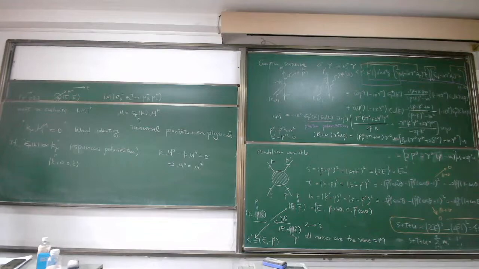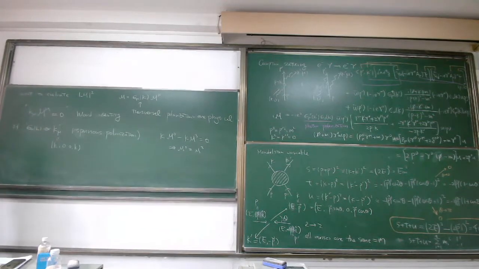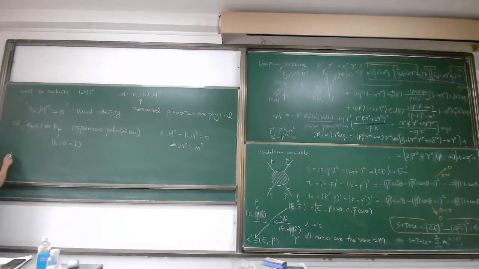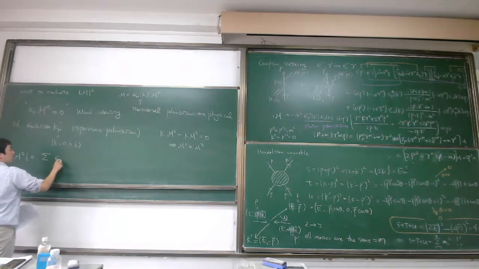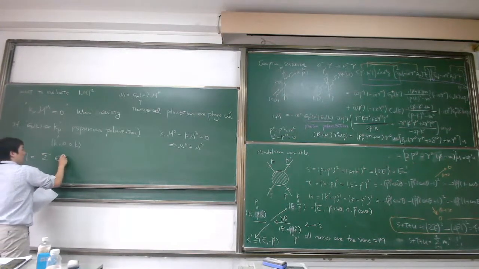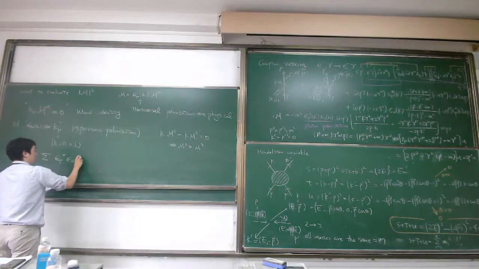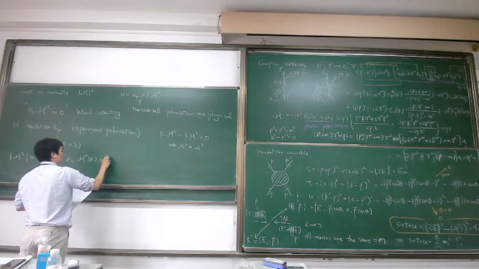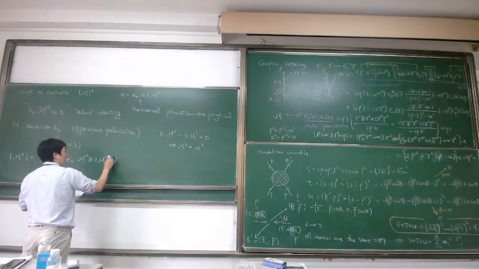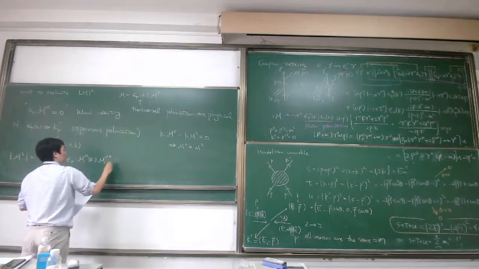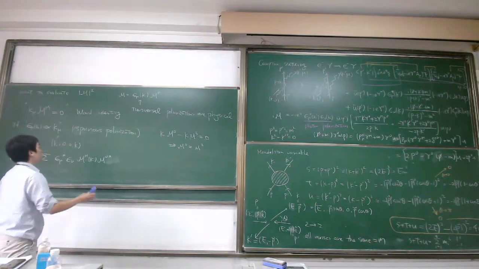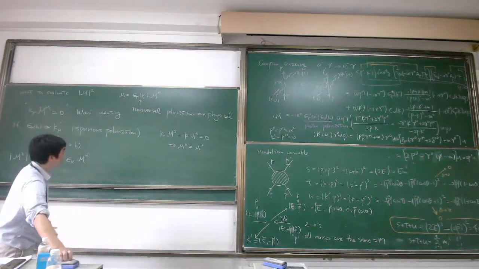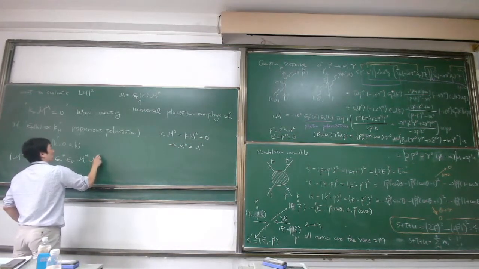Then, for instance, if you sum over M square, that means the sum of epsilon mu star and epsilon nu M mu M nu star.